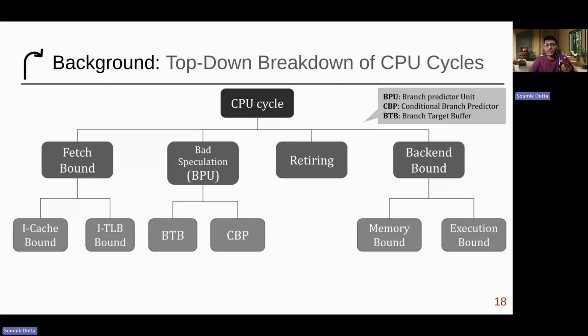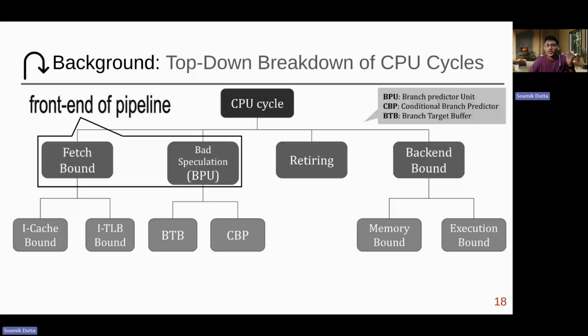Second is bad speculation, that is, branch target buffer and conditional branch predictor bound CPU cycles. Third is retiring. Retiring cycles are the good CPU cycles, because those are the cycles for which the instructions are getting committed. Another is backend bound, which consists of memory hierarchy bound CPU cycles and execution unit bound CPU cycles, like ALU unit bound.